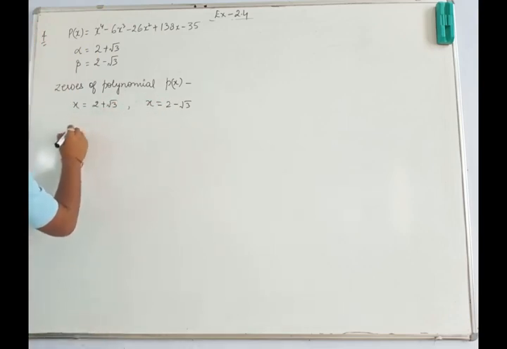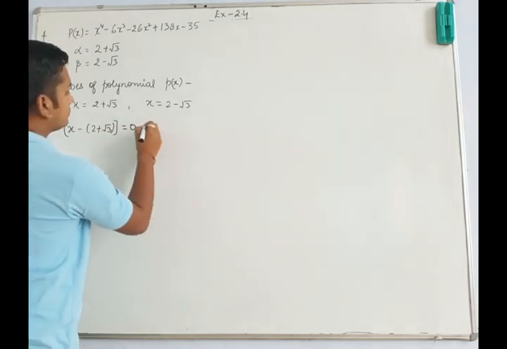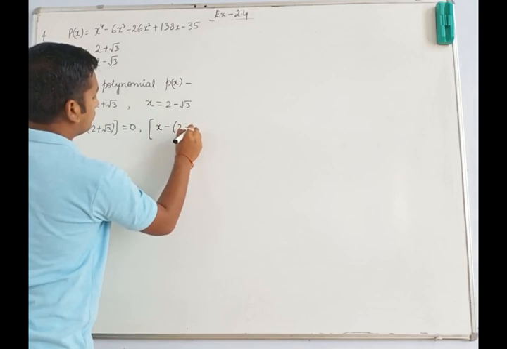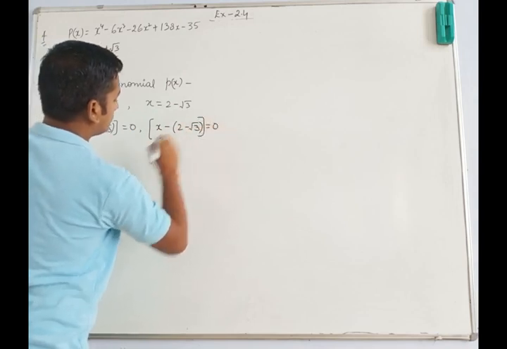Okay, now take them to the left hand side. So it will give you x minus 2 plus root 3 equals to 0, x minus 2 minus root 3 equals to 0.